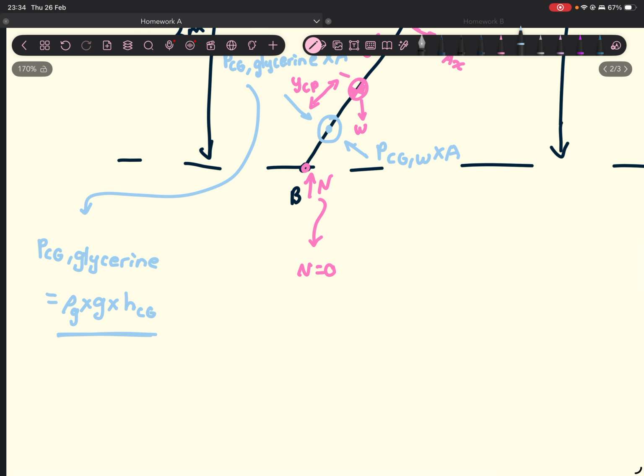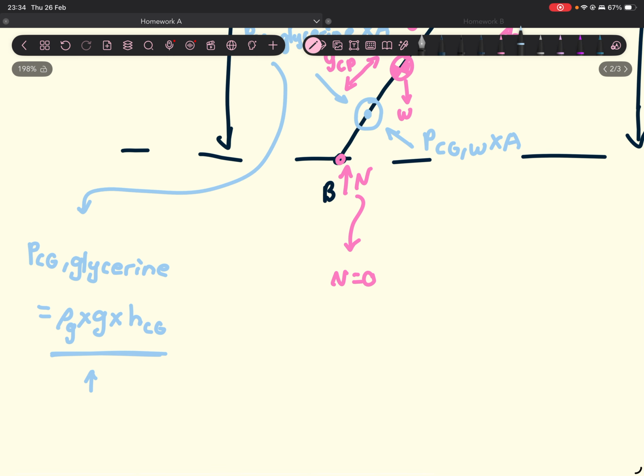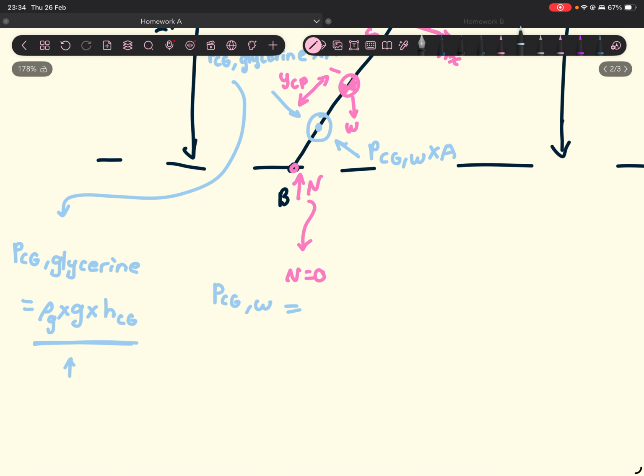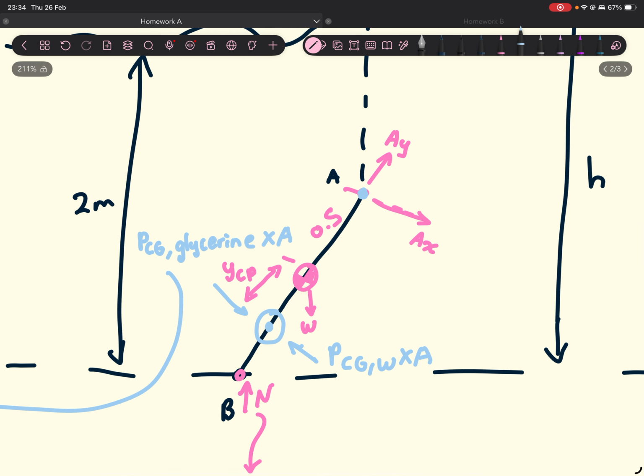Okay, so we already have an equation for PCG of glycerin, so let's try and get an equation for PCG of water. Okay, so PCG of water is just equal to the rho of water, so the density of water, times G times the H to the center of gravity, right?